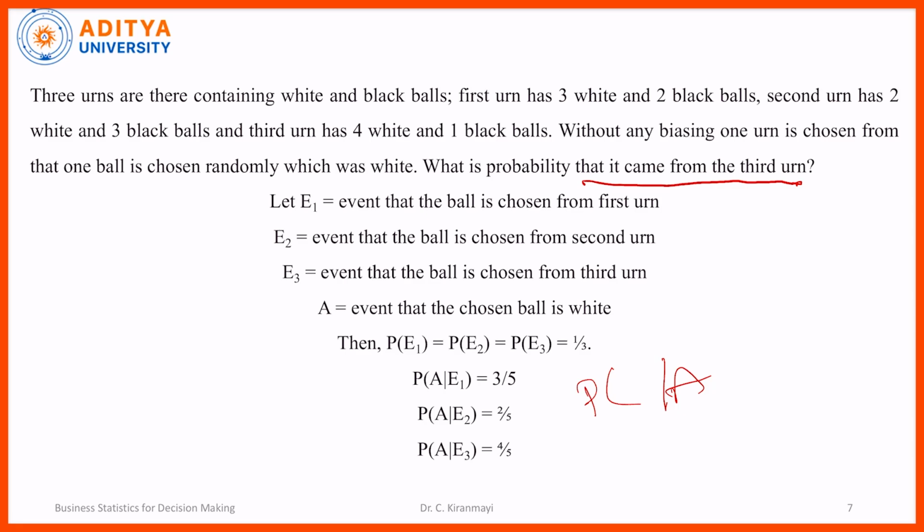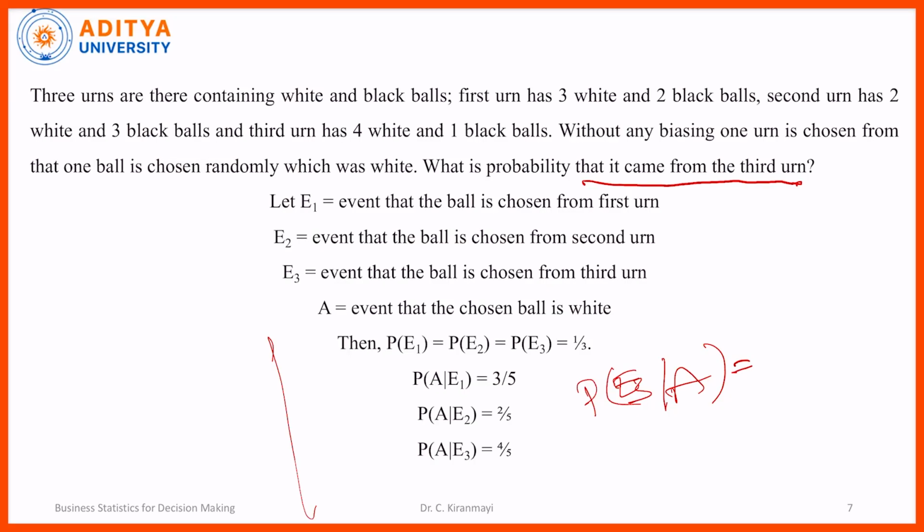Now that we add this new evidence to the existing data, what is the probability that it is from the third urn? That is, we are asked to find P of E3 given A.